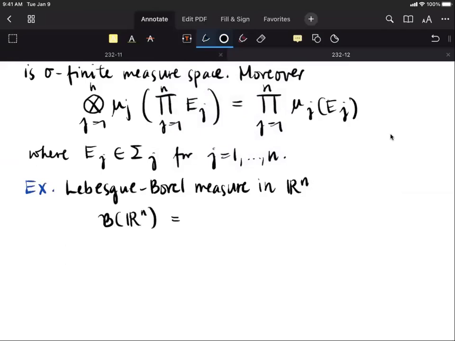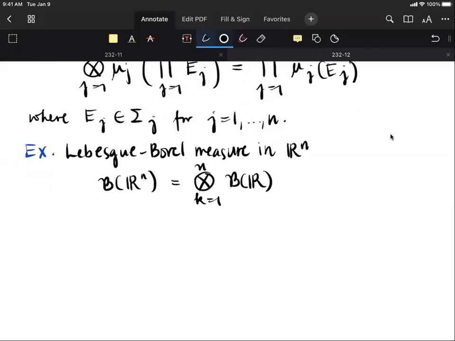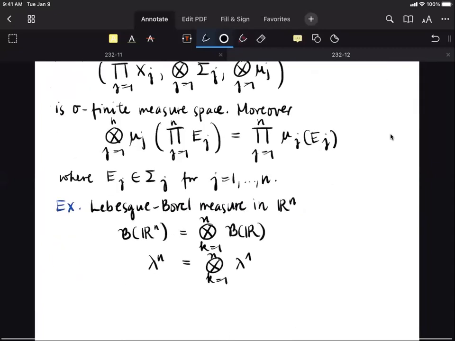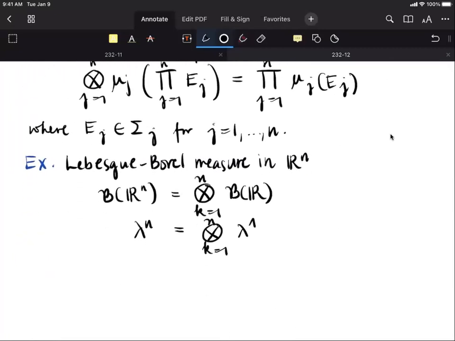We know that this is the product of the Borel sigma algebras of R. And the Lebesgue-Borel measure lambda n is also the Cartesian product of the one-dimensional Lebesgue measure. And you can prove this basically by the uniqueness theorem.